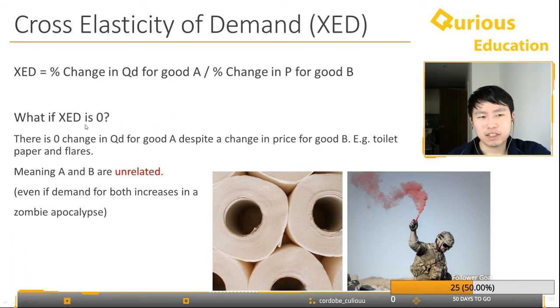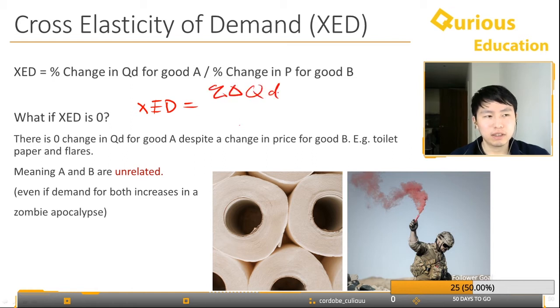But what if XED is equal to 0? In what case would XED be equal to 0? If we look at the formula again, XED is equal to percentage change in quantity demanded for A over percentage change in price for B, right?